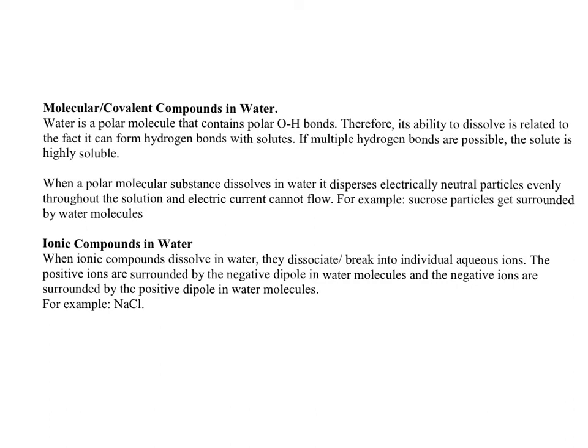Ionic compounds in water. When an ionic compound dissolves in water, it will dissociate or break up into individual aqueous ions. The positive ions are surrounded by the negative dipoles in water, so closer to the oxygens, and the negative ions from the compound are surrounded by the positive dipole in water molecules. For example, sodium chloride.